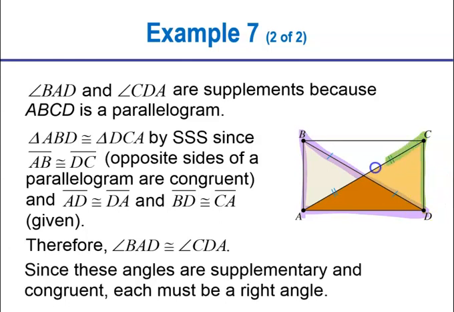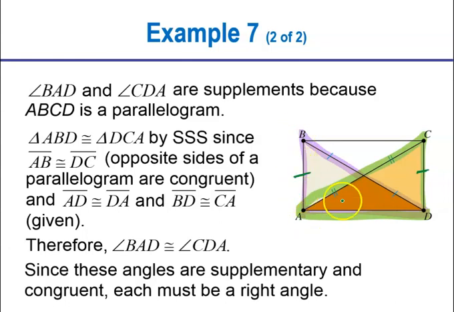So they cross over each other by side, since AB is congruent to DC. So first of all, let's look at that. Why do we know that AB is congruent to DC? Because it's a parallelogram, remember? And we proved it was a parallelogram earlier because the diagonals bisected each other. Okay, so we know this is a parallelogram.